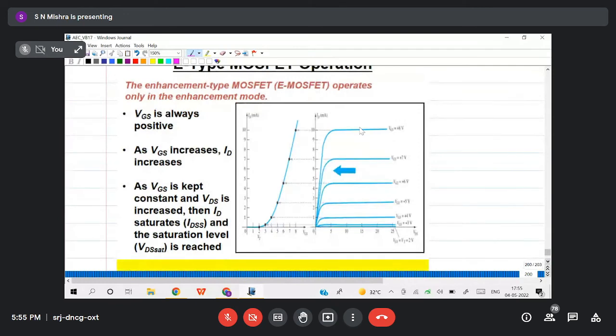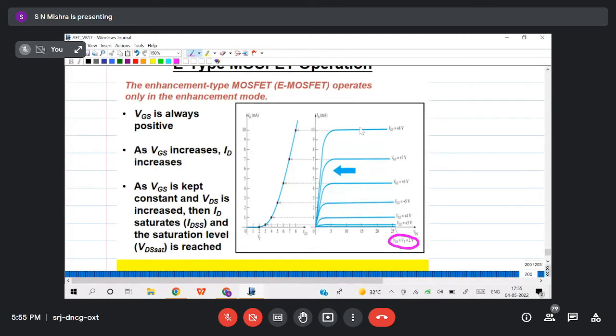See what I have written: VGS equals VT equals plus 2 volt, and you see the current is very near to the x-axis. That means it has increased, not zero, but a very small current. That means when I apply 2 volt across the gate terminal, the channel is created and current starts flowing, but it is very less.